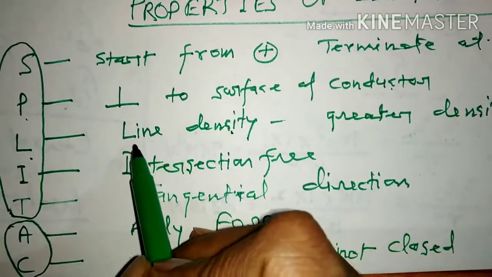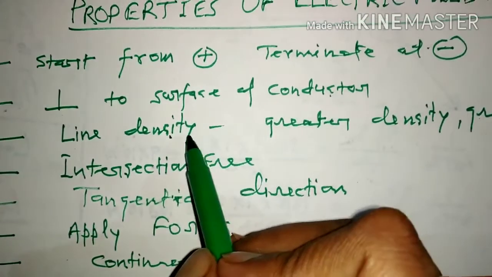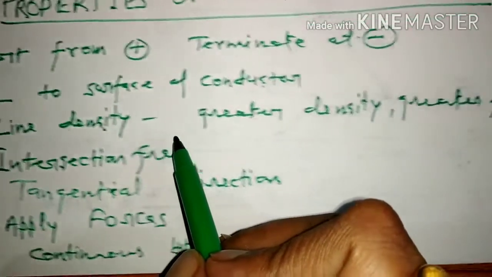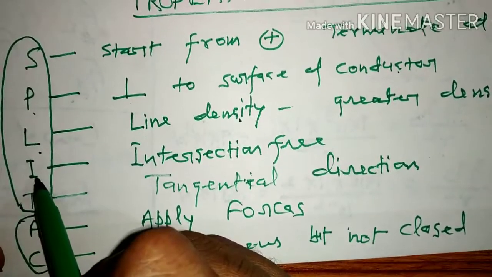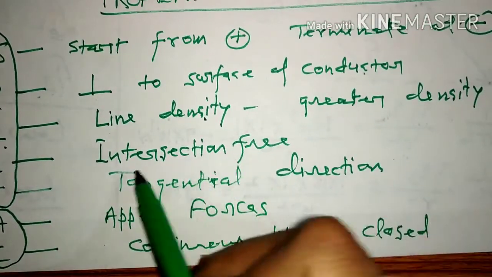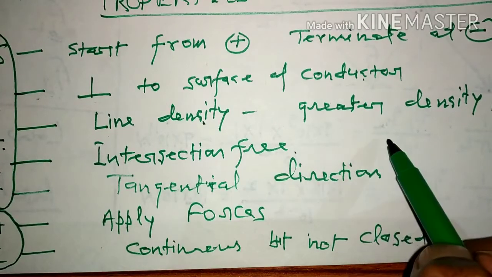That is, if the line density of electric field at a point or in a space is greater, the intensity of electric field will also be greater. I stands for intersection free, that is, electric field lines never intersect each other.